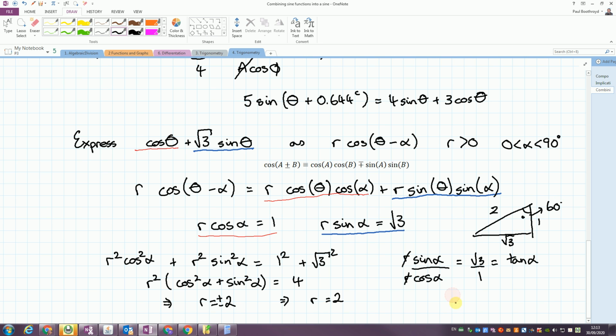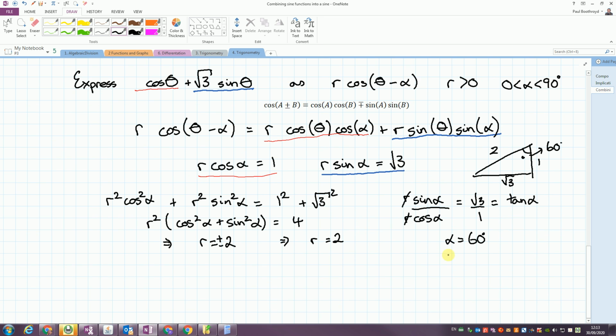So we now know that alpha equals 60 degrees. So the final form, because they want it in that form, you should express it like that. Our final conclusion is 2 cos(theta minus 60 degrees) is the same as the expression they gave us above. Okay, flash your microphones if you're okay with that.